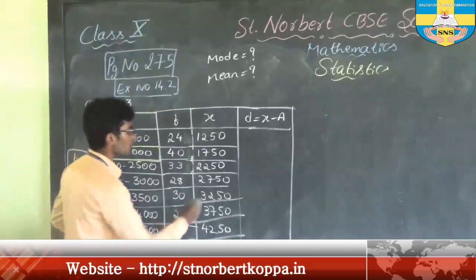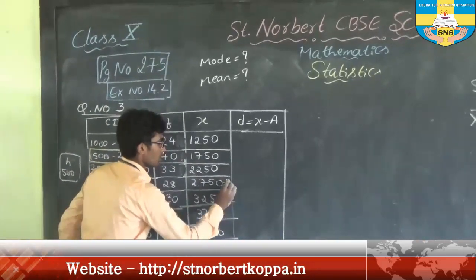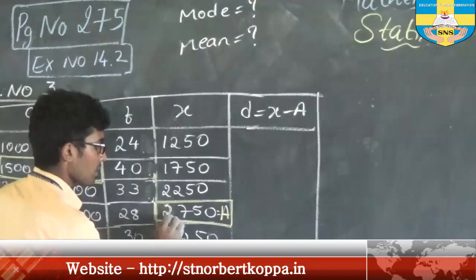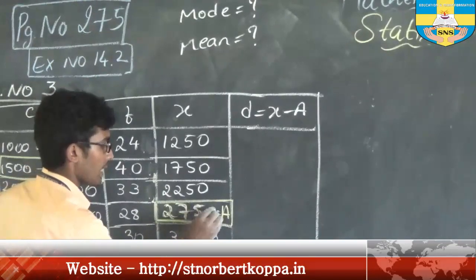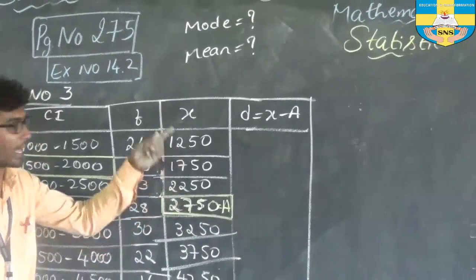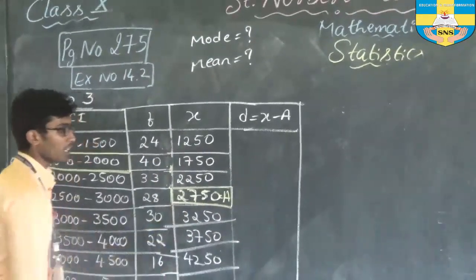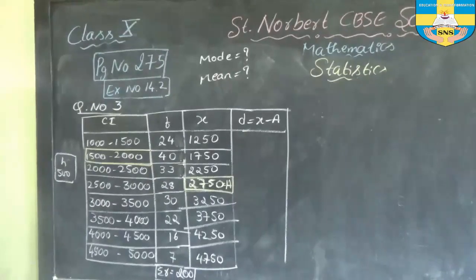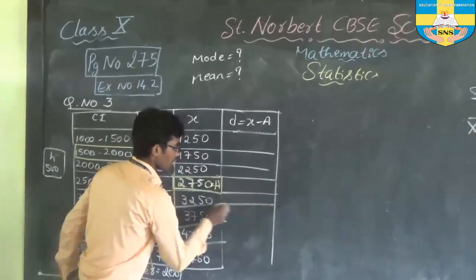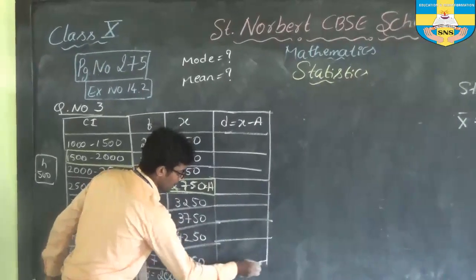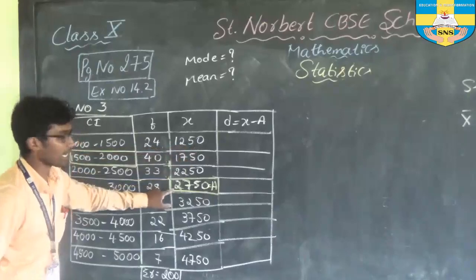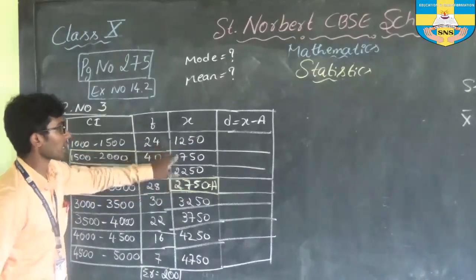To calculate d, it is based on an assumed mean. You can choose any one number in this group as a. I am going to choose 2750 as the assumed mean. You can choose 3250 or any one number. If you choose this, then calculate the value of d in every line. This is 1250 minus 2750. Subtract these two.